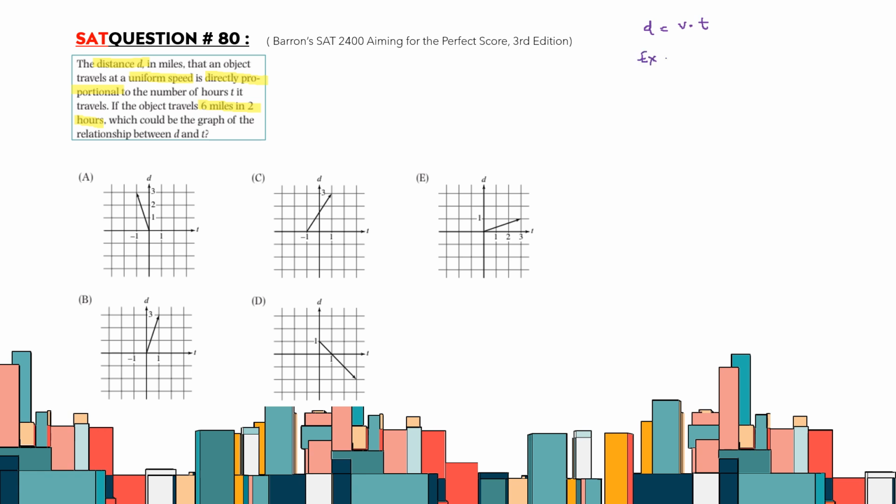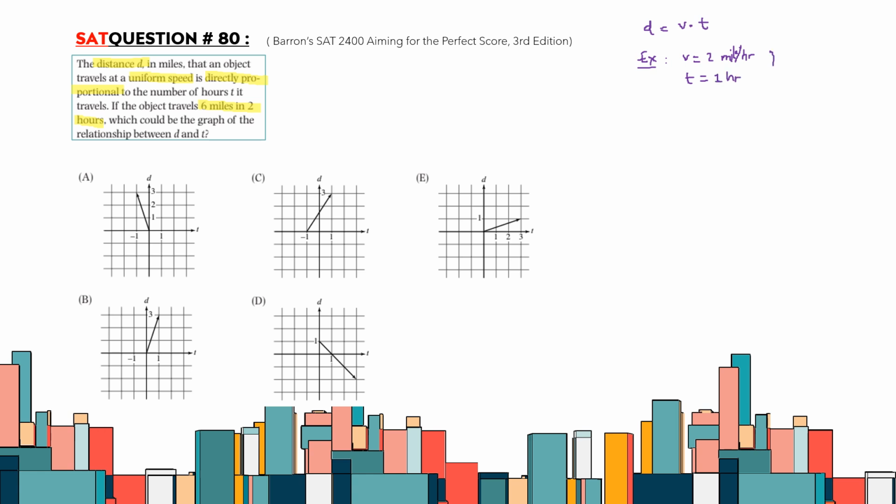Let's write it down. You have velocity is 2 miles per hour, and time running is 1 hour.